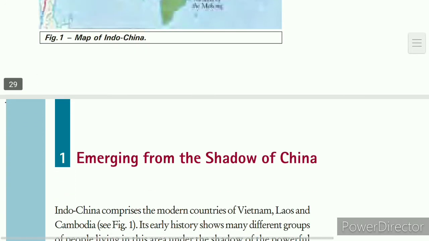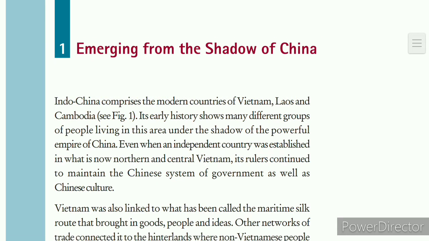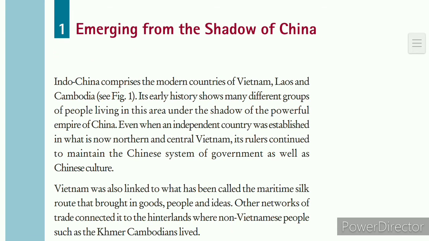So next we are going to discuss, right, emerging from the shadow of China. Indochina comprises the modern countries of Vietnam, Laos, and Cambodia. Right? What are they? Vietnam, Laos, and Cambodia. Its early history shows many different groups of people living in this area under the shadow of the powerful empire of China.